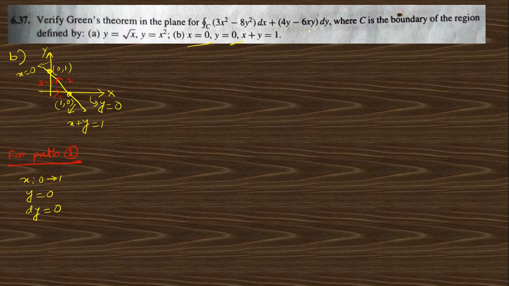If you put dy as 0, this total part is 0, and y is 0, so this is also 0, so you will get integration 3x square dx, and x changes from 0 to 1, so this is x cube by 3, so this is x cube, 0 to 1, which is nothing but 1.